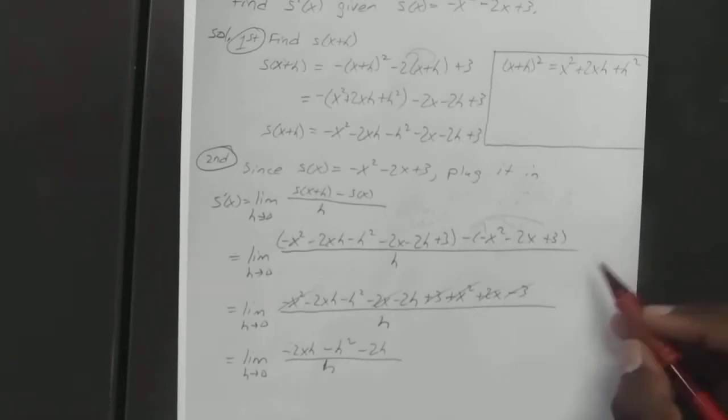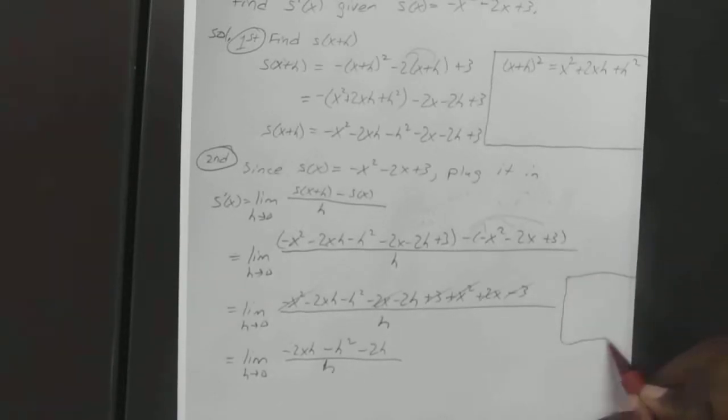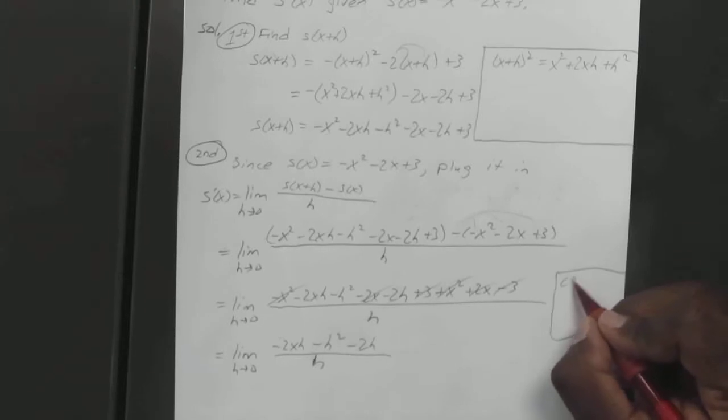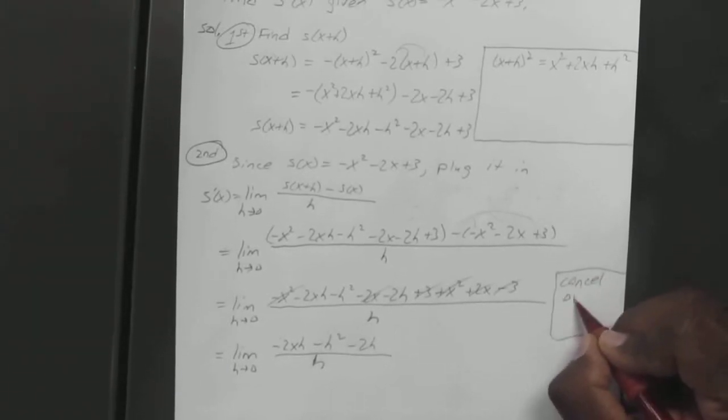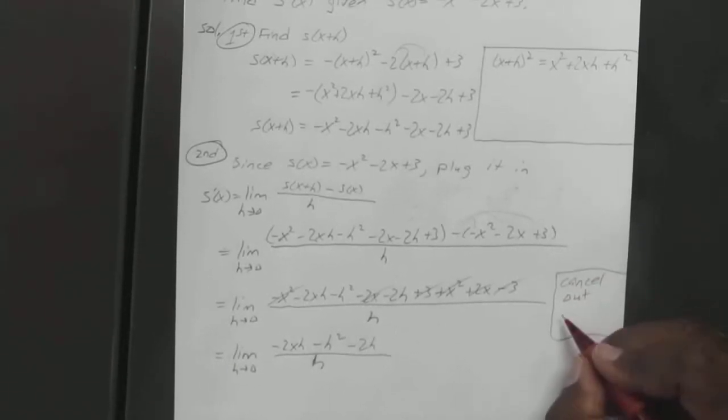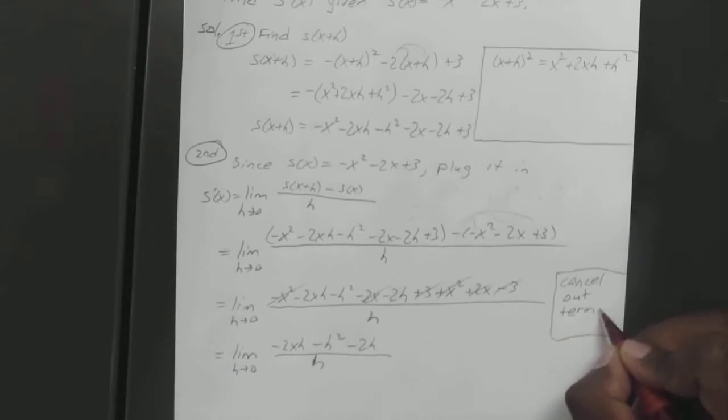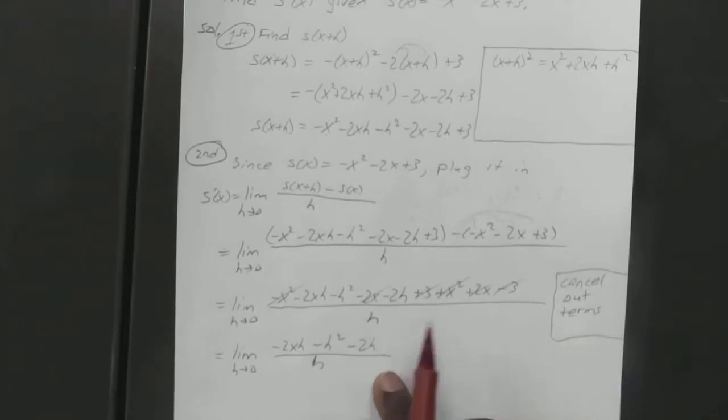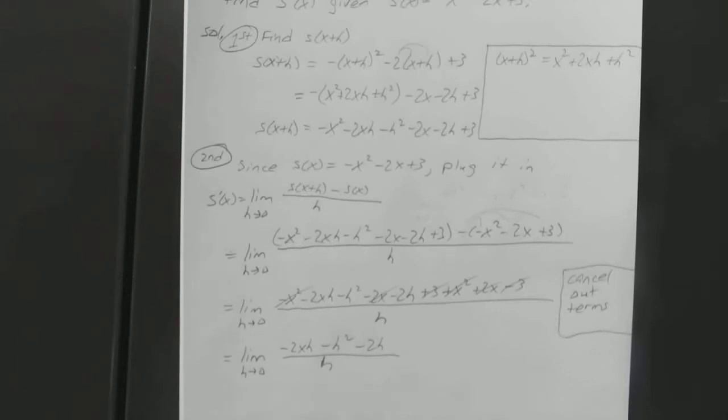Okay, so this step here, you're going to cancel out terms. And this step here, once you get here, you're going to factor out the h so you can get rid of the h in the denominator.